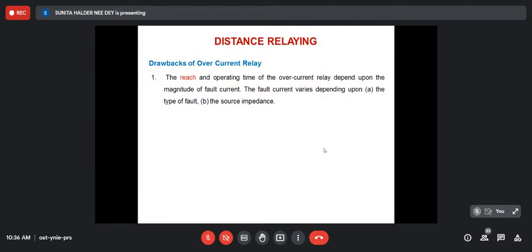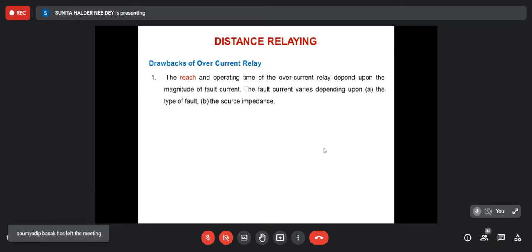distance relay. What is distance relay? From the name, it is clear that it can identify the fault by measuring the distance of the fault from the relaying point. What is the relaying point? Relaying point means where the relay is connected, because the relay is not connected throughout the zone. It is connected at a point in the transmission line or in a power system.